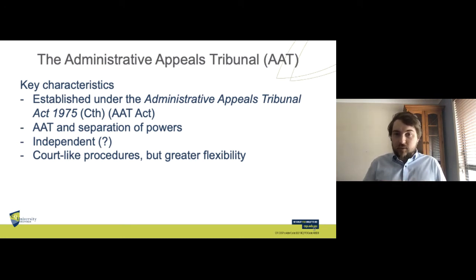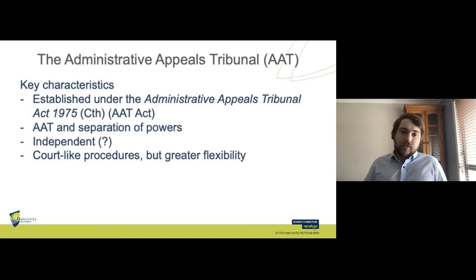There's still very formalized rules of evidence, although there is flexibility to not have to follow all the usual rules of evidence. And so the AAT itself is very court-like, but it's not a court. And that's really relevant because it allows the AAT to undergo merits review and hear merits review cases.